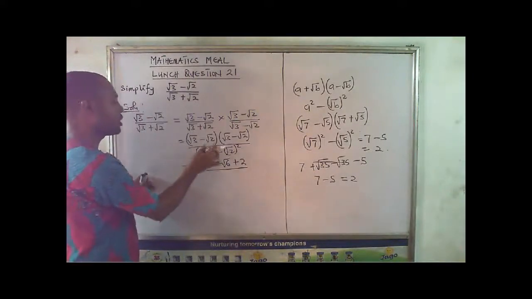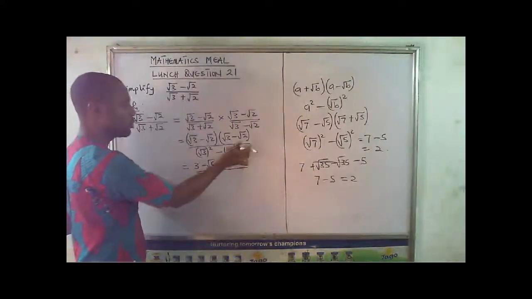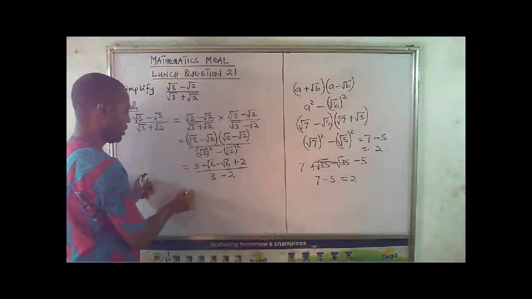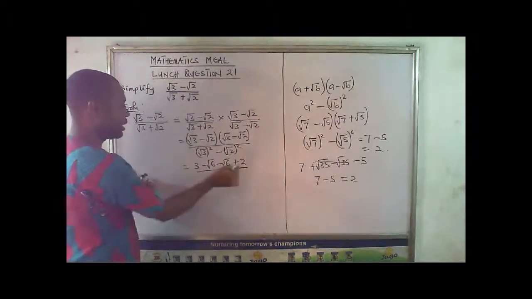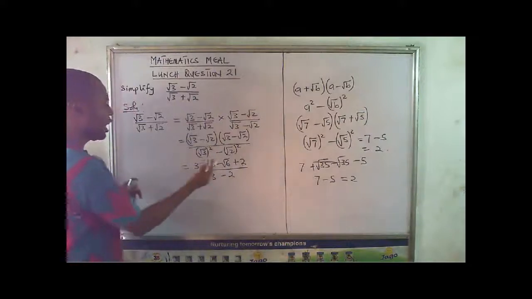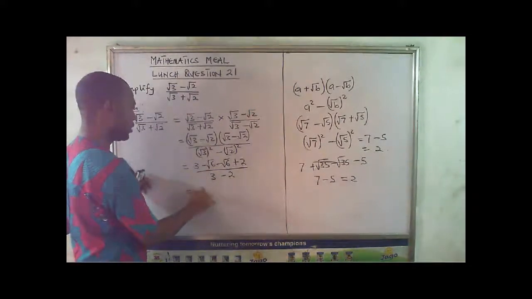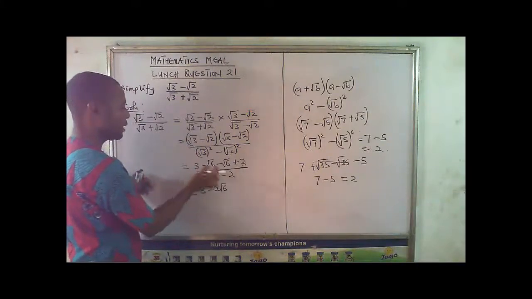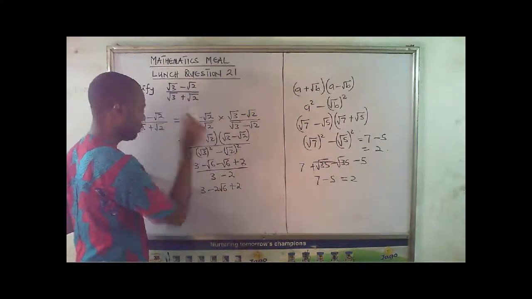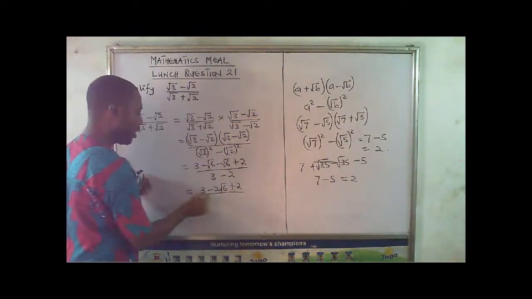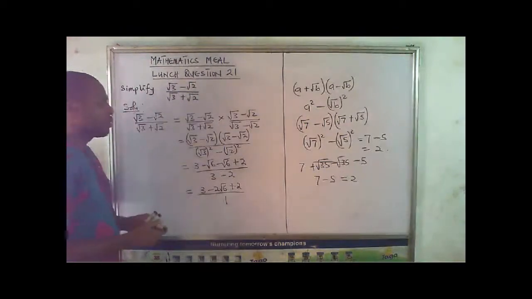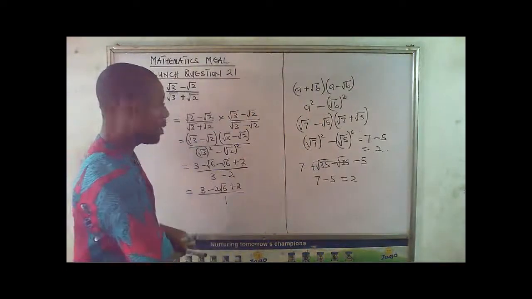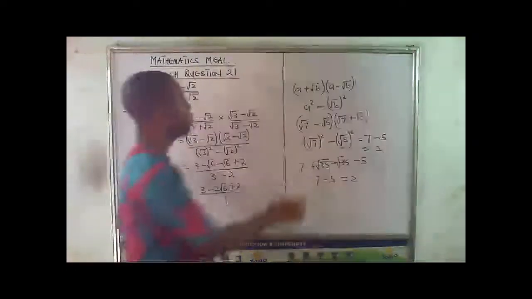Divided by root 3 squared, which is just 3, minus root 2 squared, which is just what? 2. So this and this are ordinary numbers. So I can actually reduce this to 3 minus 2 root 6 plus 2, divided by 1, because 3 minus 2 is 1. Now when 1 divides this, it still remains the same thing.